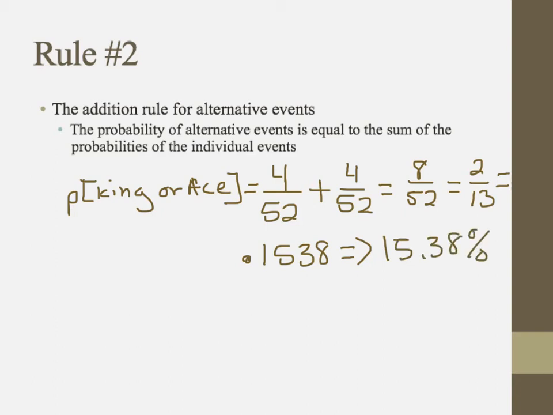So the probability of drawing a king or an ace is 15.38%.